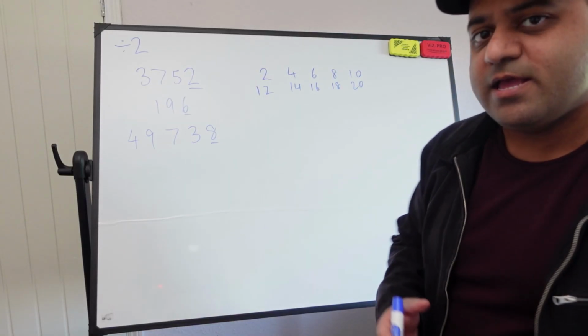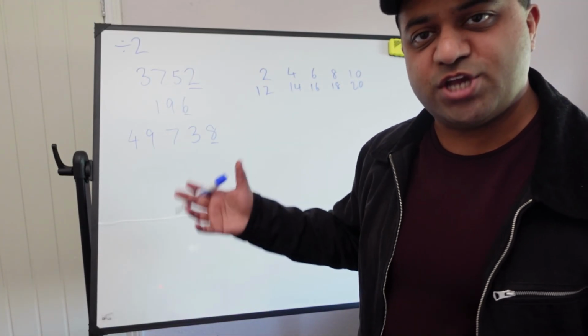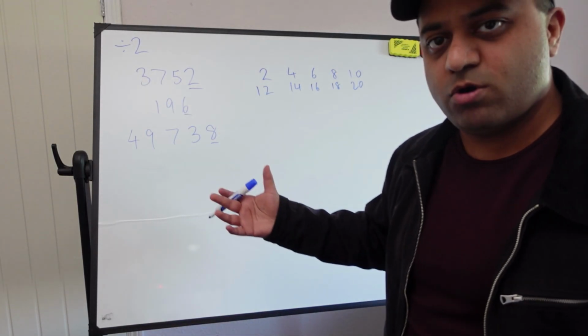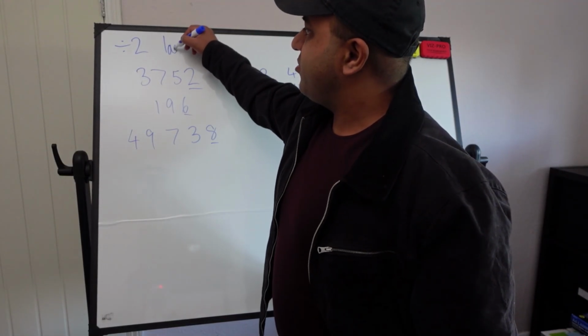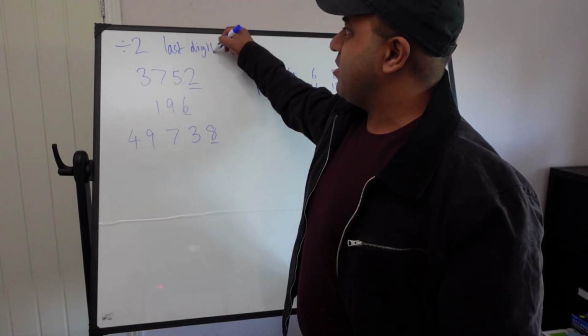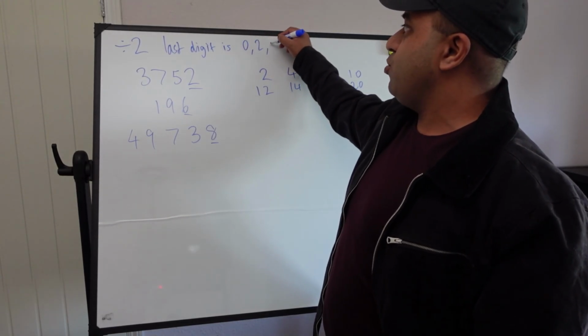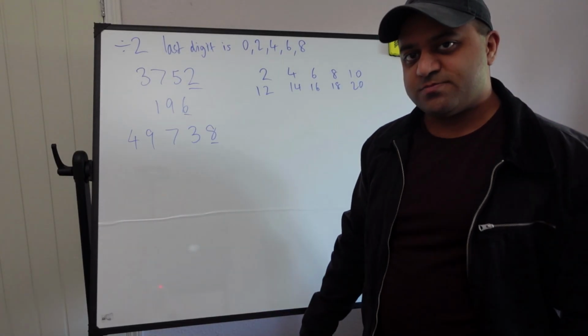You can see that the last digit alternates between 2, 4, 6, 8 and 0, and so on. So here's the rule. Let's write it down. The last digit is 0, 2, 4, 6, or 8.